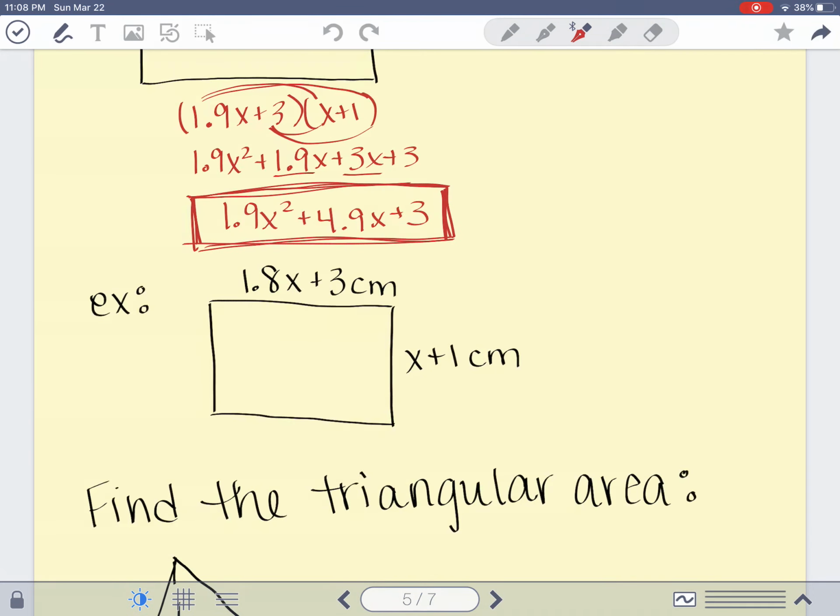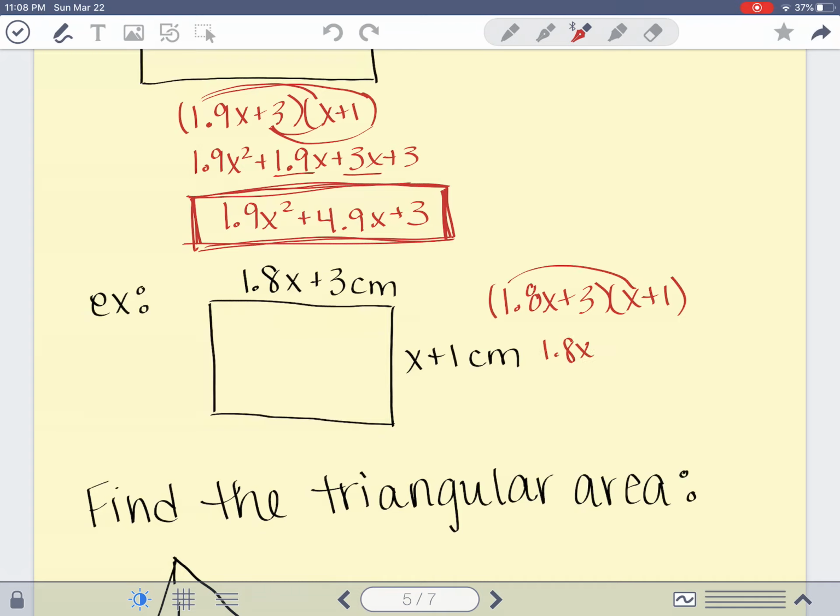We've got another example just like that. Alright, so this time we've got 1.8x plus 3 times x plus 1 in order to find our area.